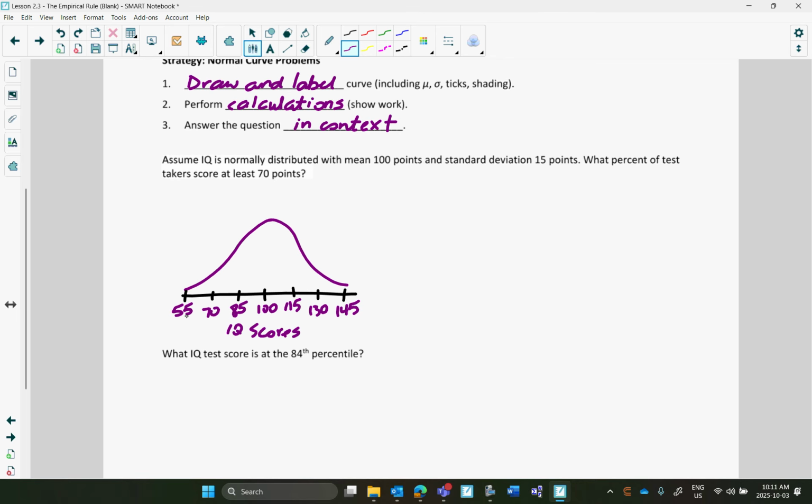So we're going to use this distribution and what we just learned above to answer this question. What percent of the test scores were above 70? So what I want to find is I want to find that section.